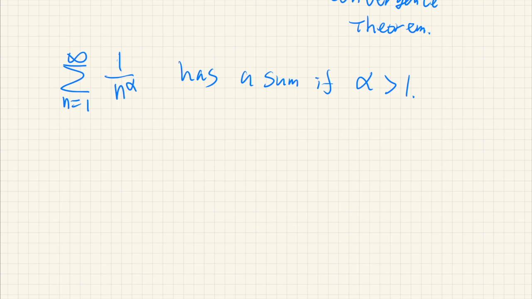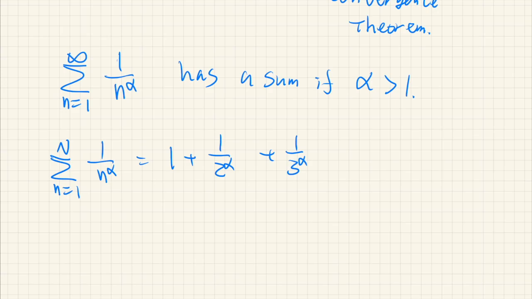First of all, we consider the partial sum from 1 to capital N of 1 over n to the power of alpha. If we just write down all the terms, it looks like 1 plus 1 over 2 to the power of alpha, and 1 over 3 to the power of alpha, and so on, up to 1 over N to the power of alpha.